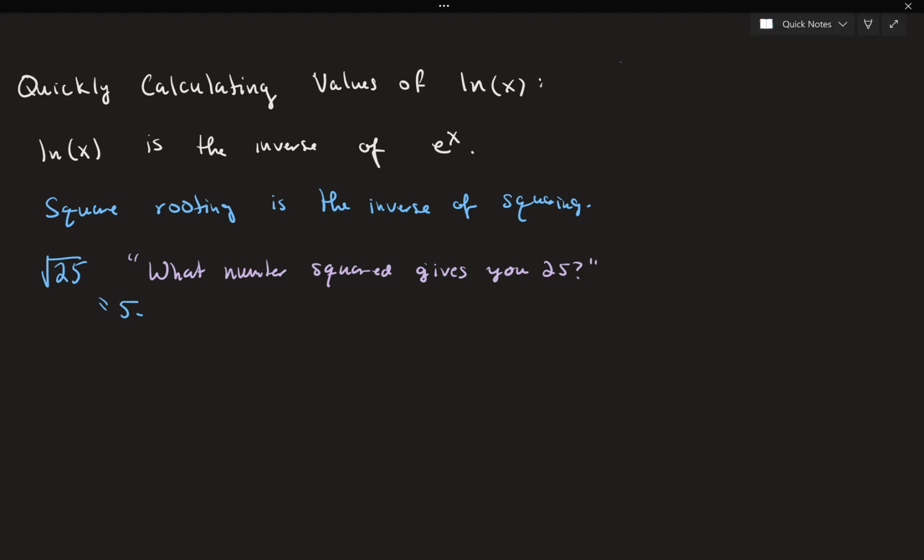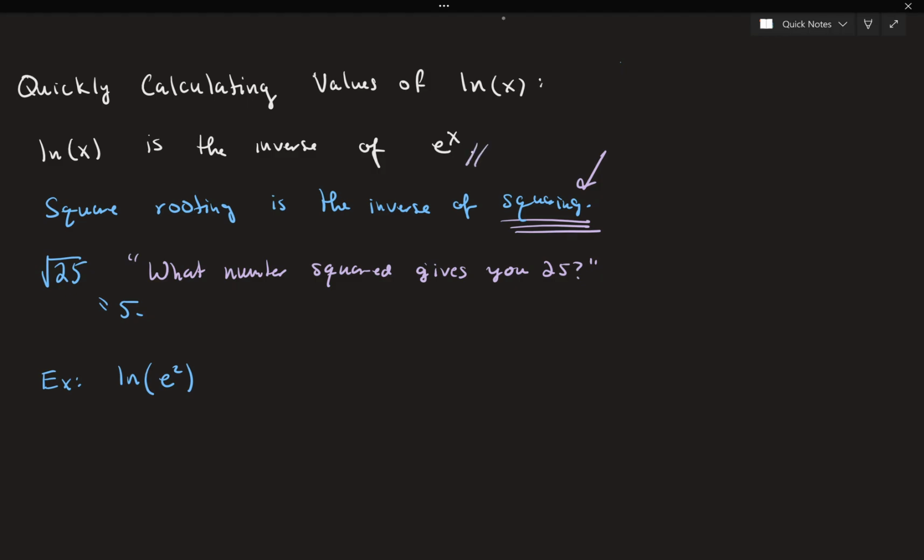So inverses are just asking a question: what number do I do the regular operation of to get me here? So I'll do an example. If I need to find ln of e squared, how do I do that? Well, what I'm asking myself, it's the inverse of e to the x.